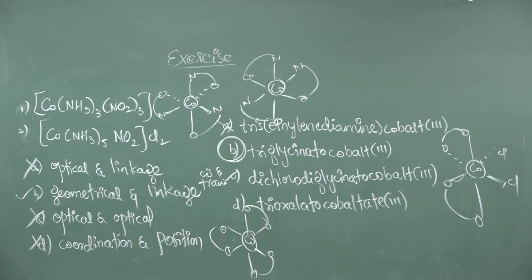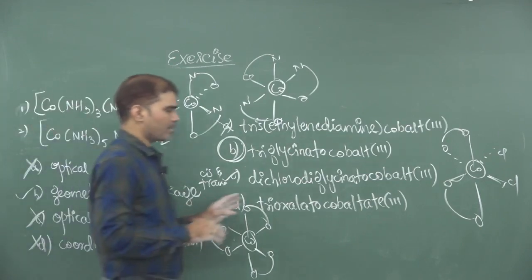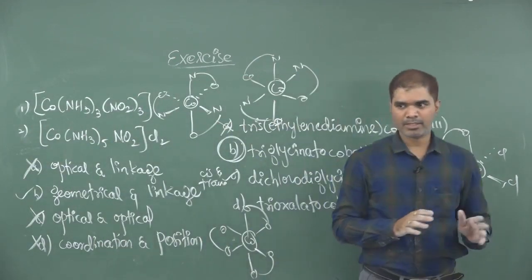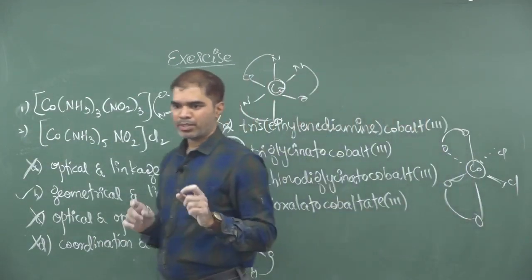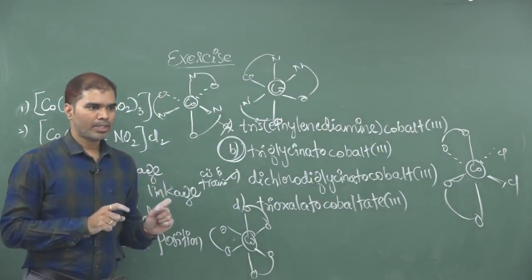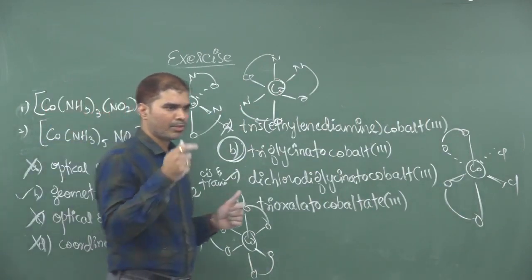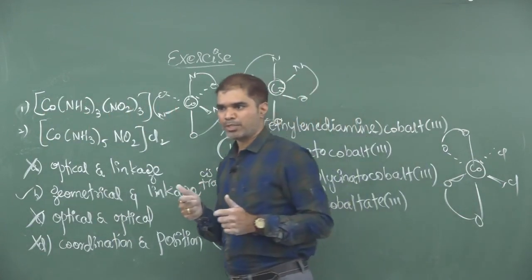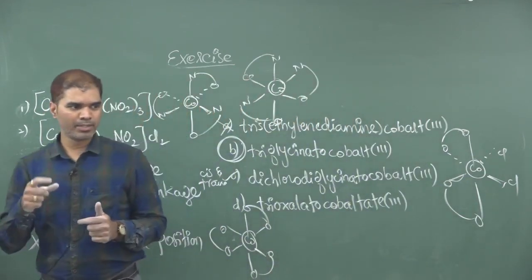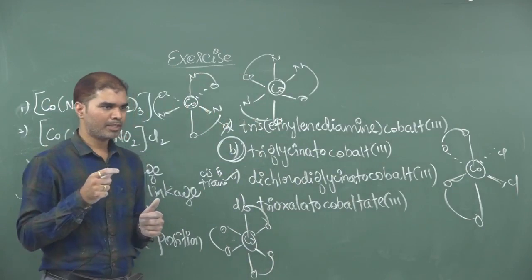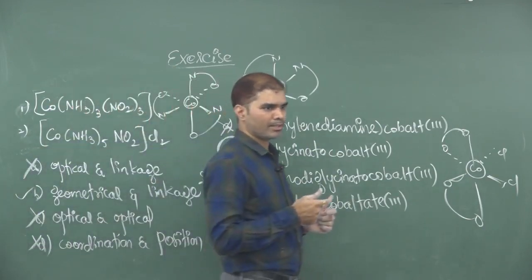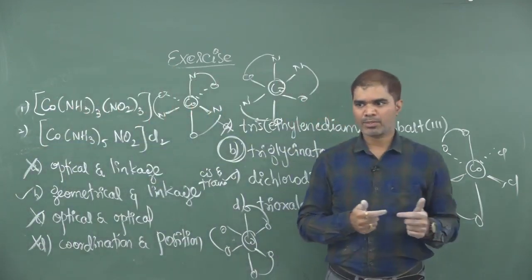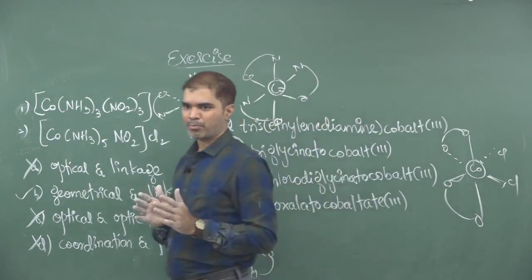Right. So we'll just close with this today. We have some more questions, but we'll be doing it in some other classes. Okay. So you just go through the coordination chemistry, whatever we have discussed till now, all the terminology. After the terminology, we have discussed IUPAC nomenclature, go through all the rules of IUPAC nomenclature. Then we have started Werner's theory. Blomstrand-Jorgensen theory was also there, but it was not of much importance.